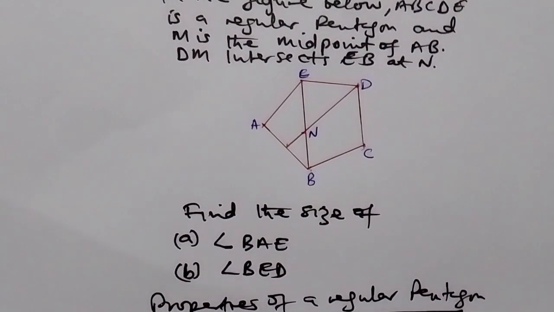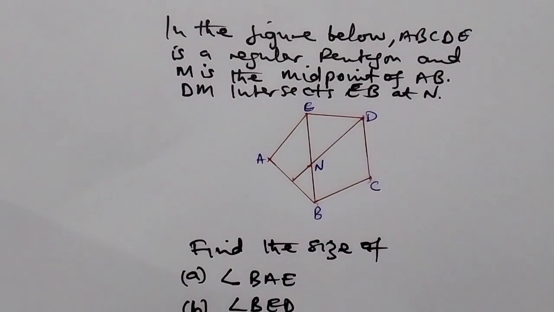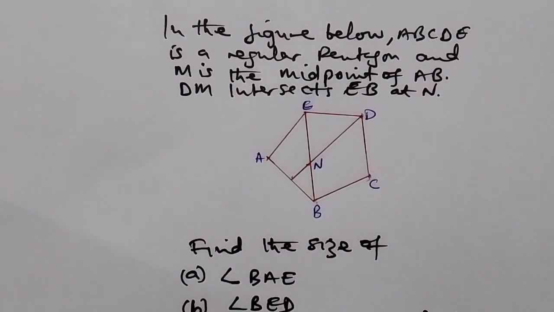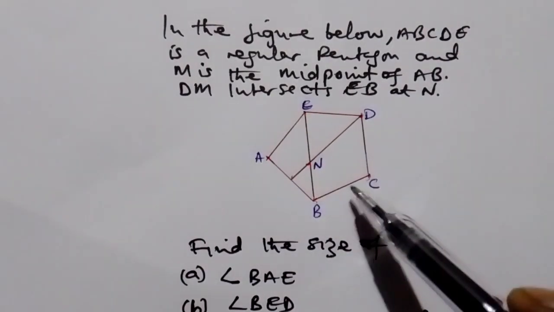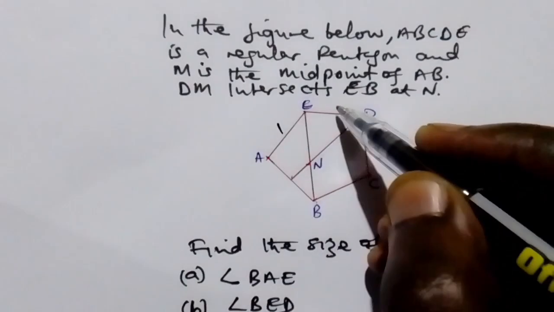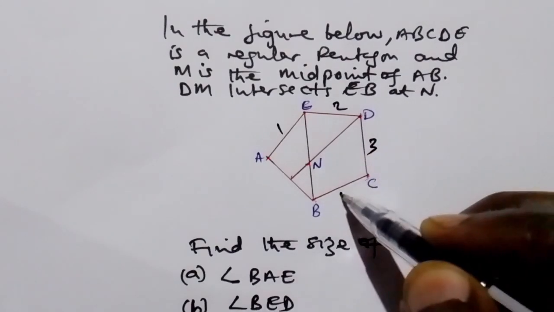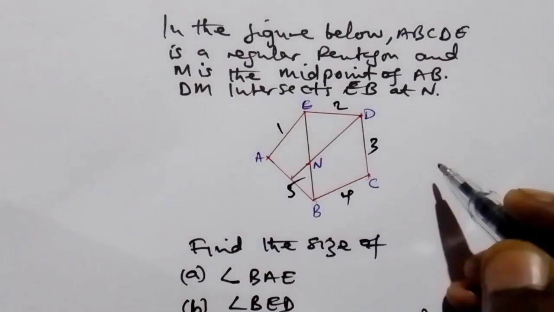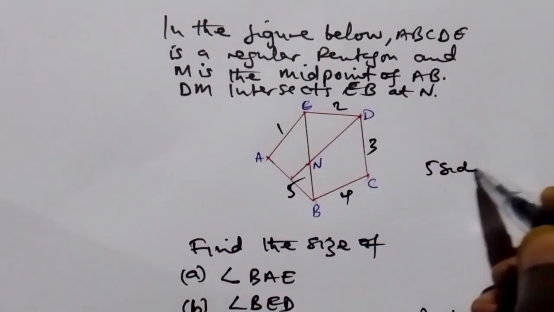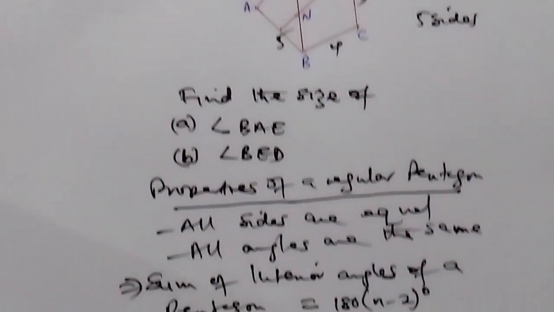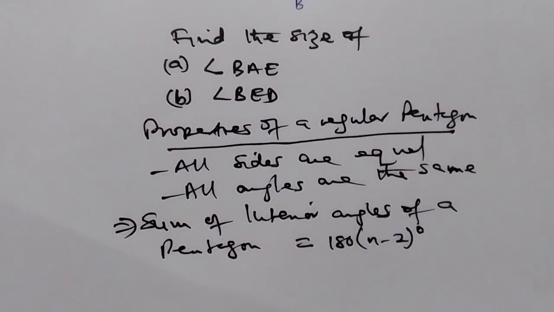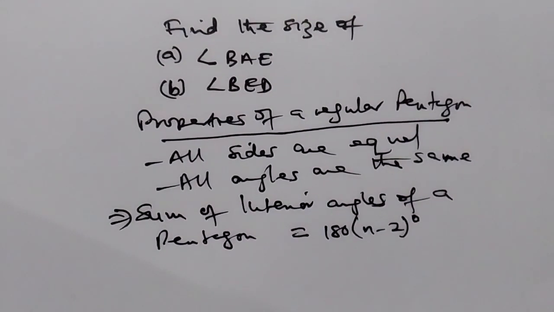And from here, this is a regular pentagon. How many sides do we have here? 1, 2, 3, 4, 5. We are having 5 sides of this pentagon. So from here we can get the sum of the interior angles.